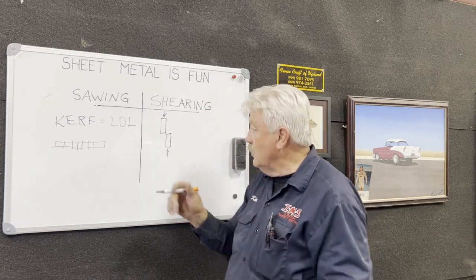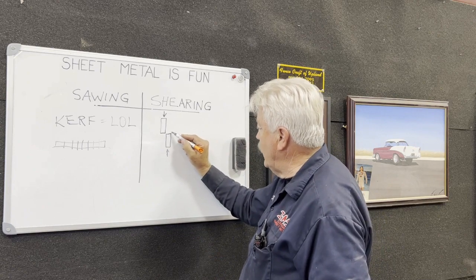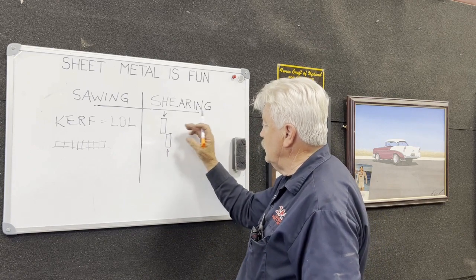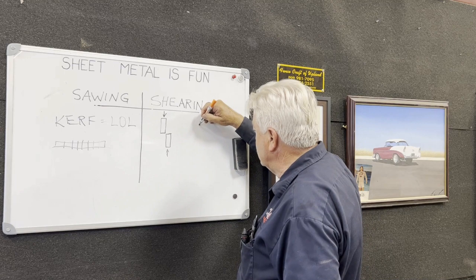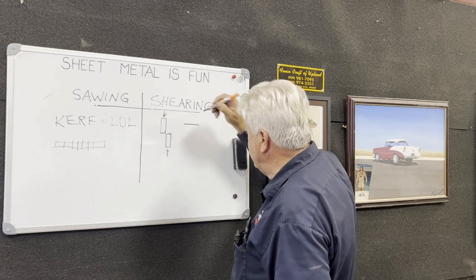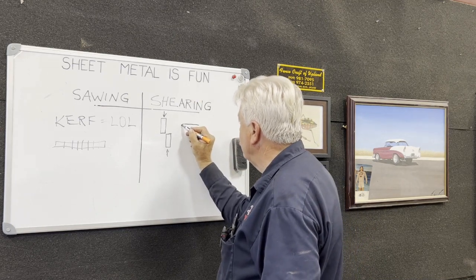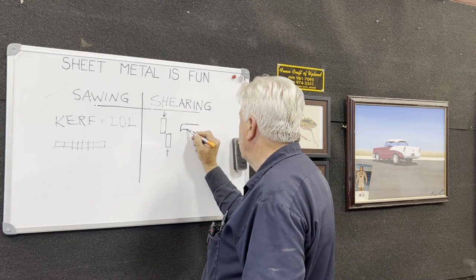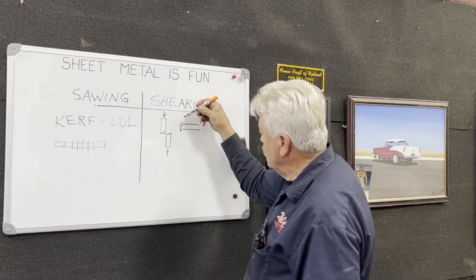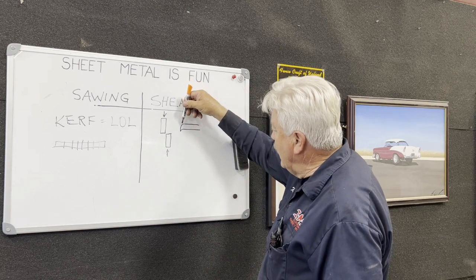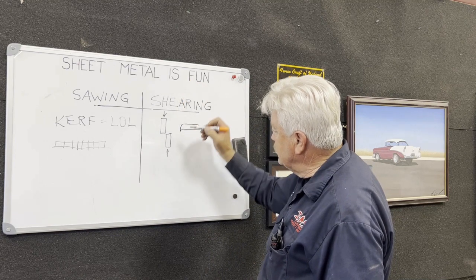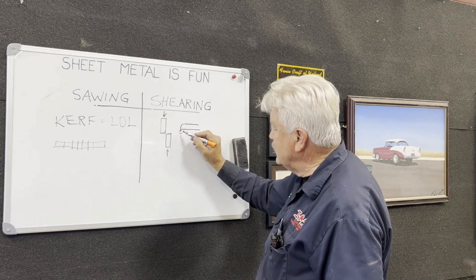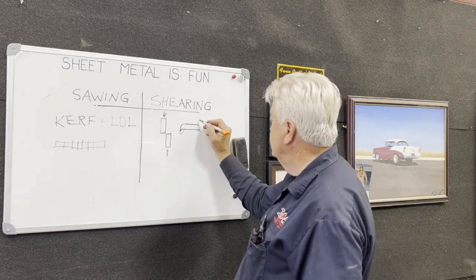point of failure. And so this piece of metal right here on the top, I'm gonna try to make the drawing bigger. I'm gonna show you what that piece is gonna look like. The top blade came down and stretched it all the way to a sharp point.